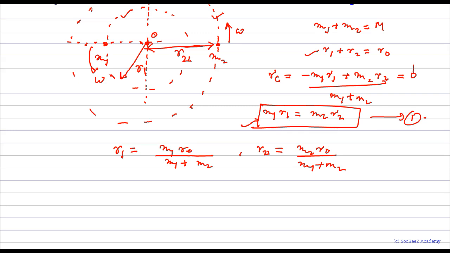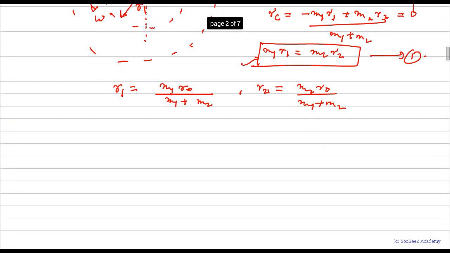Now I know that the angular velocity is going to be the same. The stars are going to revolve around the center of inertia under the impact of a centripetal force, which is going to be the gravitational force of attraction between the two stars.